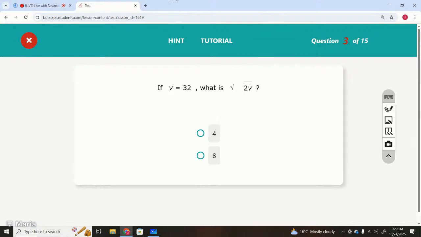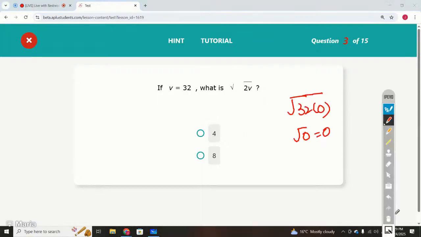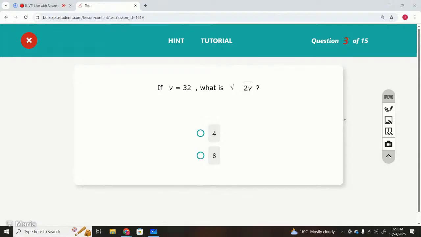If v equals 32, what is the square root of 2 times v? That is 2 times 32. Square root of 64 it is. That is 8. Option number 2 is the correct option.